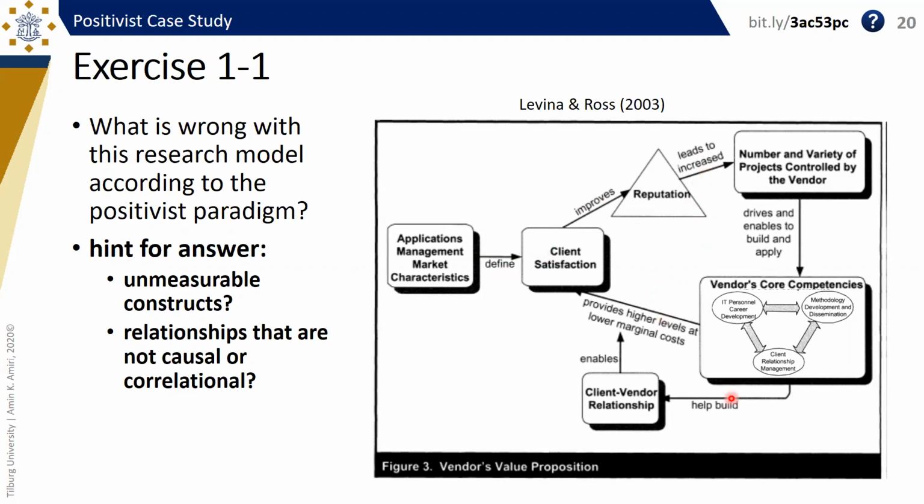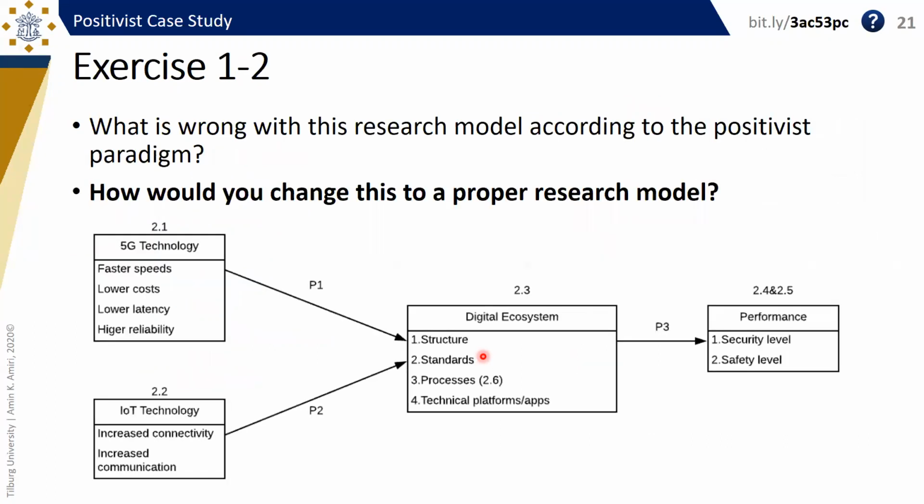But defined, help build, enables, these are difficult to map to causal or correlational. Why do we want causal or correlational relationships? Because we can reject them using data. This is what positivism means. Okay, this is a theory that was created by one of our students a few terms ago. What's wrong with this?